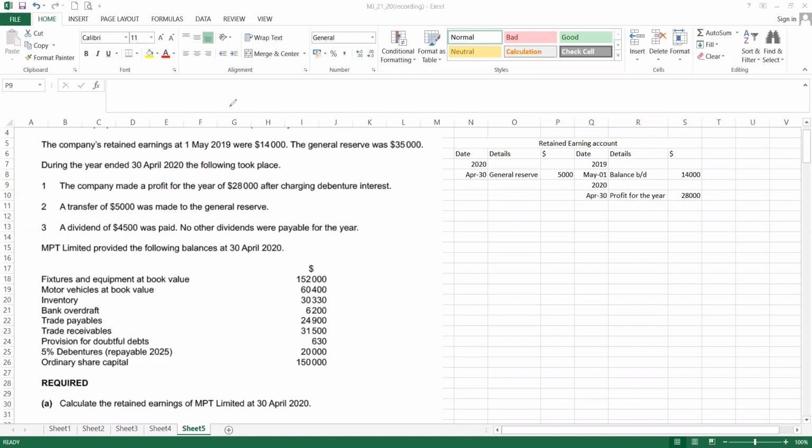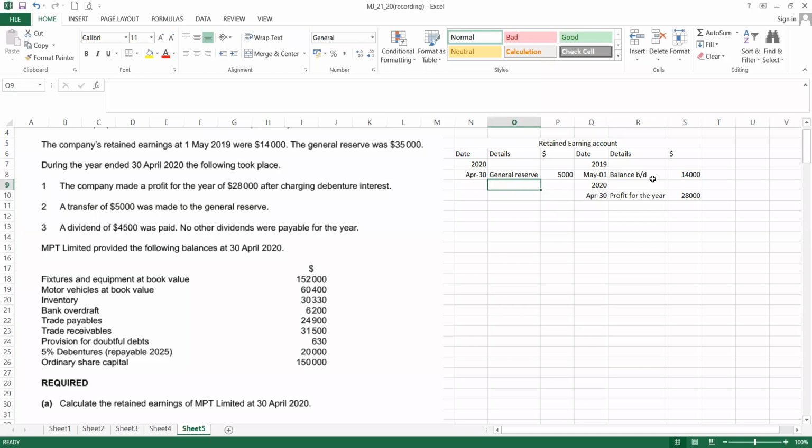Now let's continue. A dividend of 4,500 was paid. Dividend paid is on the debit side because it reduces the amount in retained earnings. But take note that only the amount paid is recorded on the debit side. If it is just proposed, don't put it in.